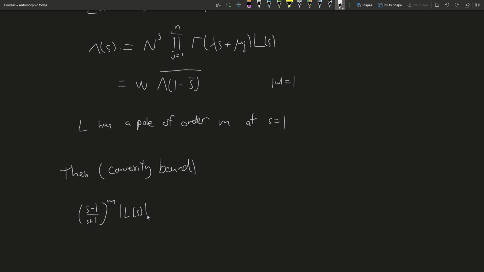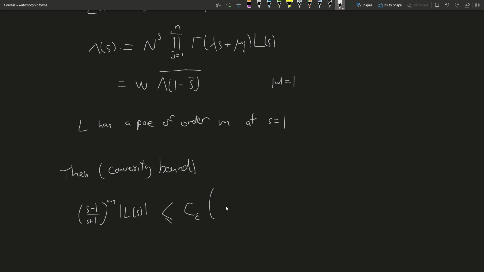What we get is that the absolute value of L is less than or equal to C sub epsilon, where epsilon is an arbitrary positive real number, and C sub epsilon means there's a constant that depends on your choice of epsilon.